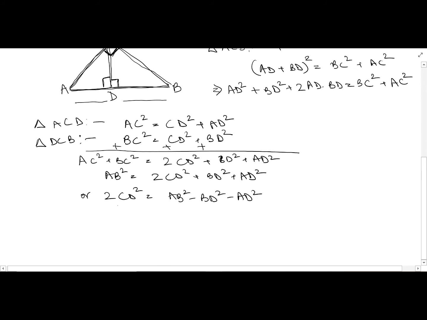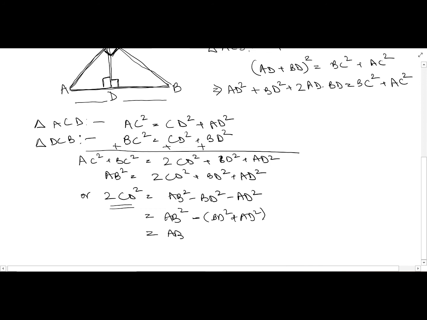We bring CD on the left side, as we know that we have to prove a line where CD is on the left hand side. So we bring it on the left. Now this is equal to AB square minus BD square plus AD square. We bring minus sign on outside the bracket.